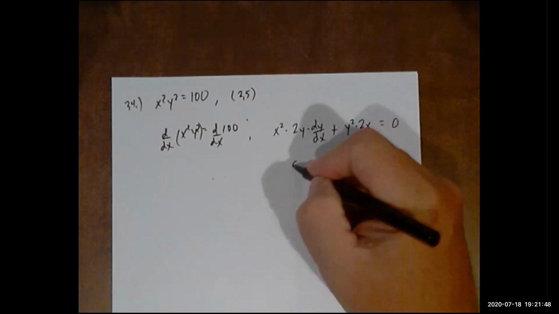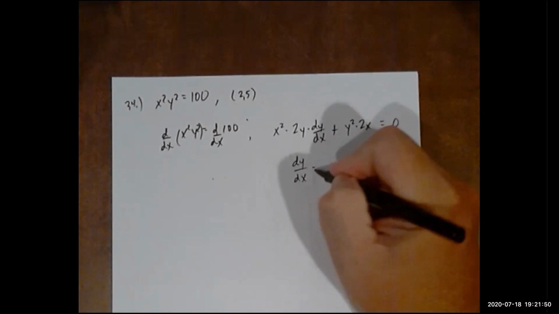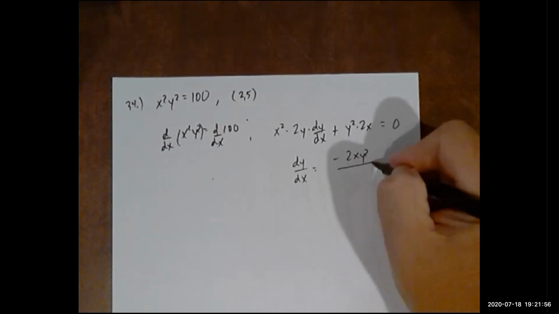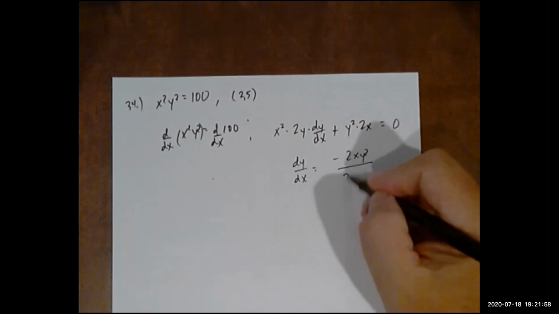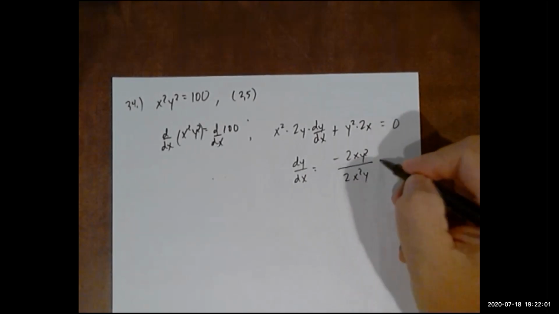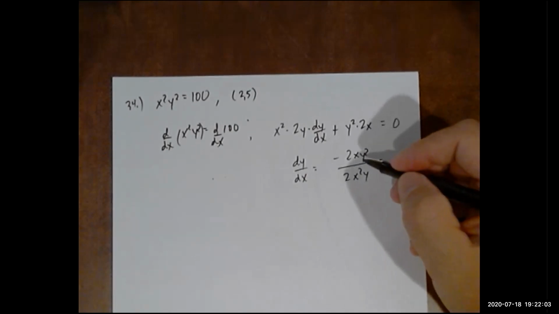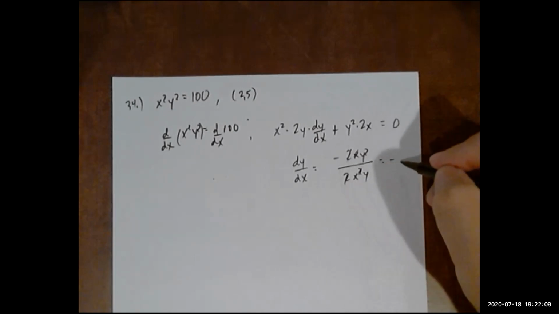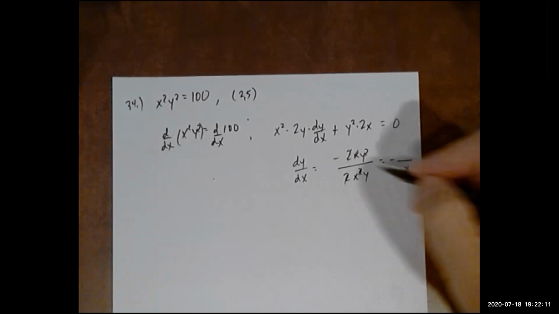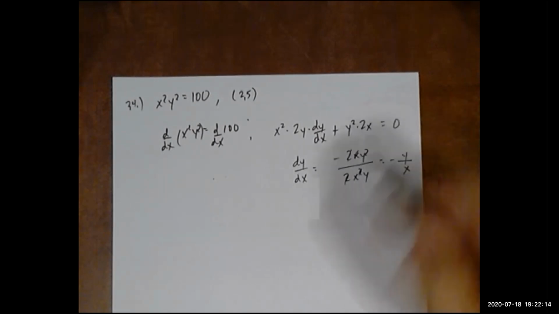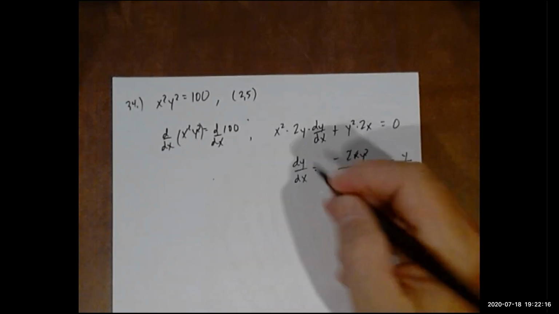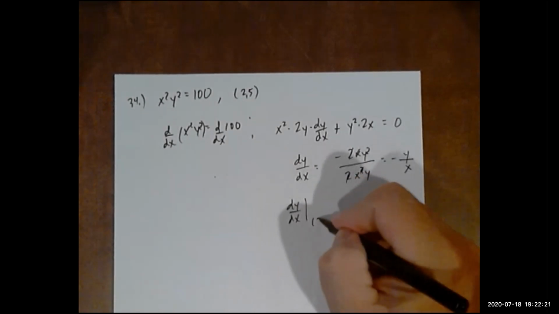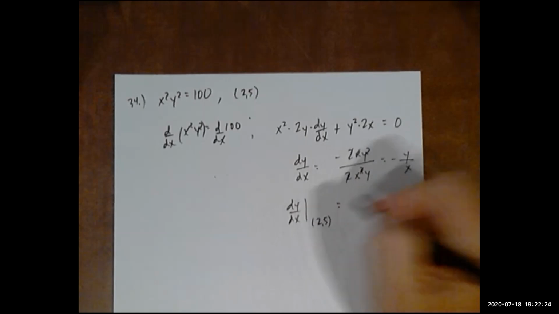Solve for dy/dx. I would subtract this 2xy squared, divided by 2x squared y. If I cancel, those cancel. The x in the top, left with x in the bottom. Negative y over x. Let's go ahead and evaluate it at the point.